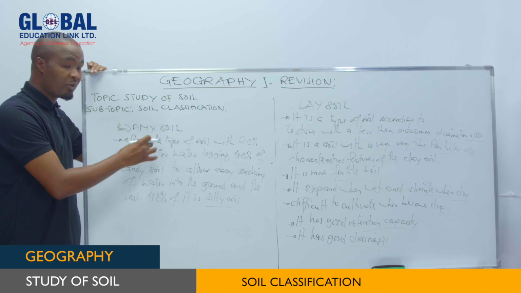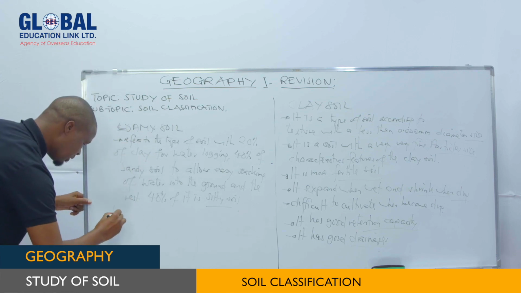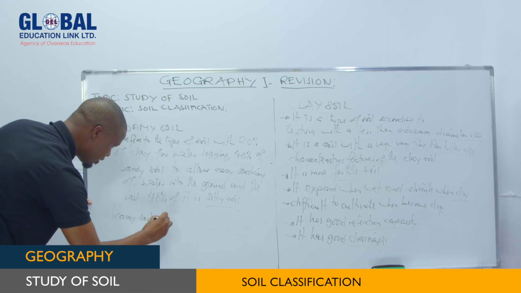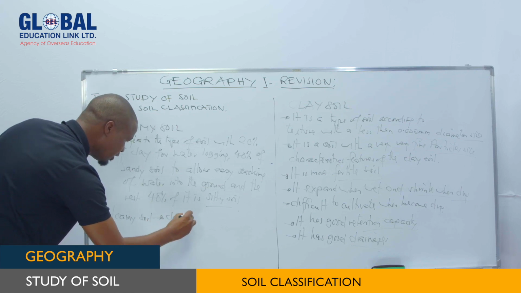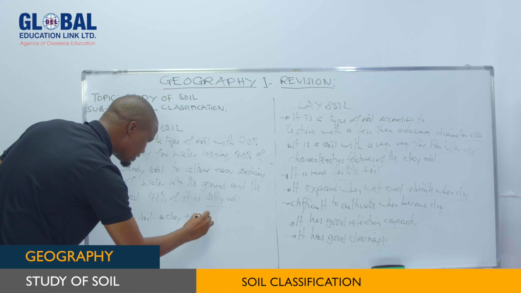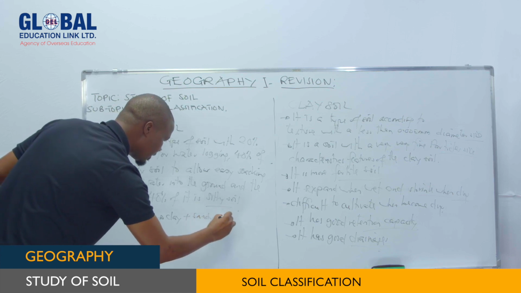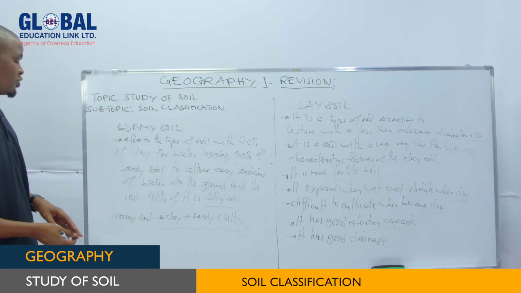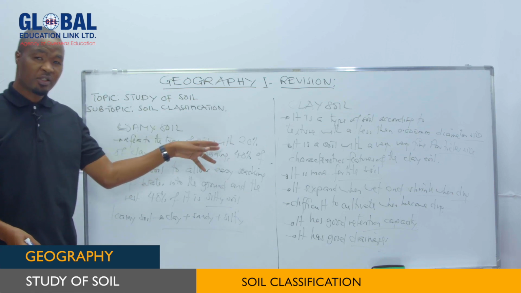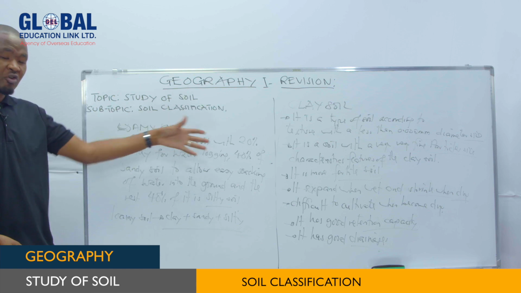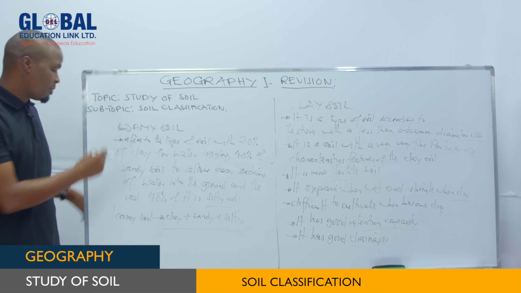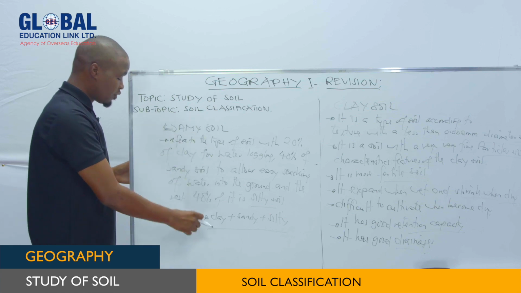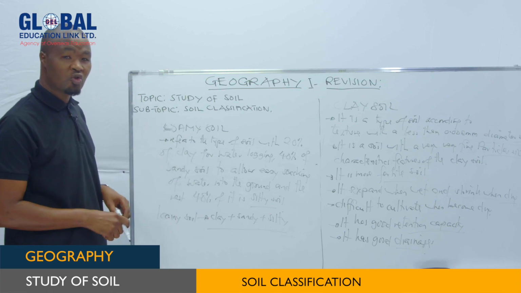It means loam is a combination of what? Let me make a summary here. Loam soil texture is a combination of clay soil plus sandy soil plus silty soil. So it gets the properties: 20% of it is clay, 40% is sandy soil, and 40% of this type of soil is silty soil.